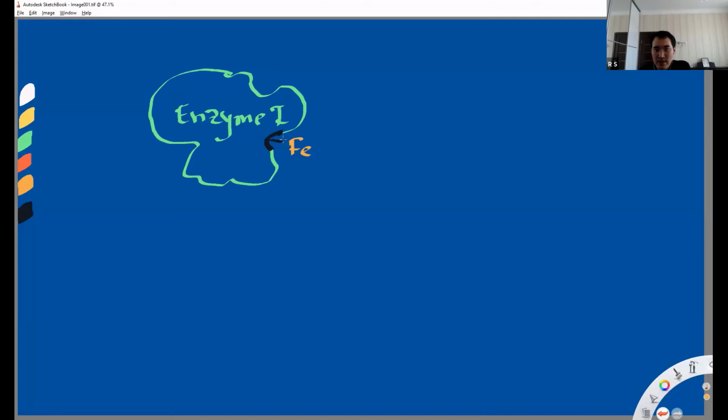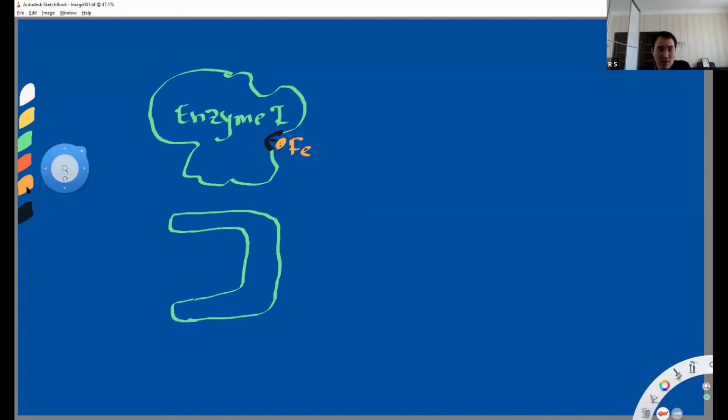Whenever iron attaches to this place, the enzyme becomes active and starts changing its conformation. So instead of this huge ball, it can become more suitable for some part of the reaction, but only if it's attached to iron.